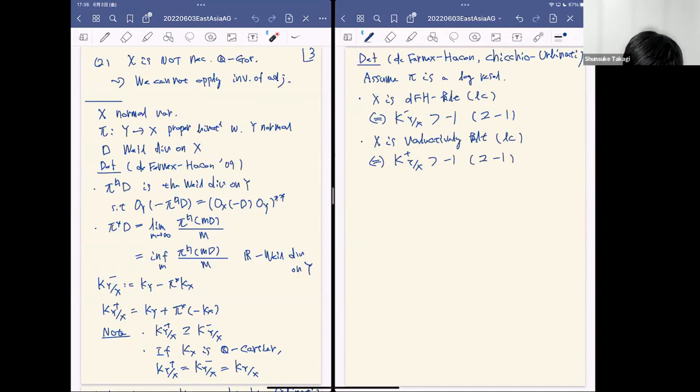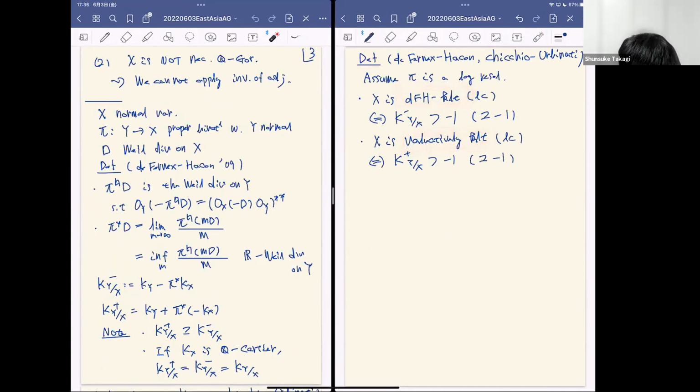As I mentioned, in general K plus is bigger than K minus. Therefore Dufresne-Heycon KLT is stronger than variatively KLT.